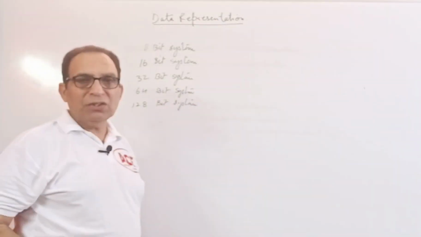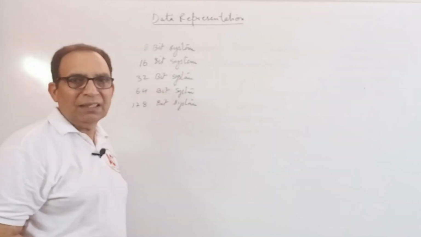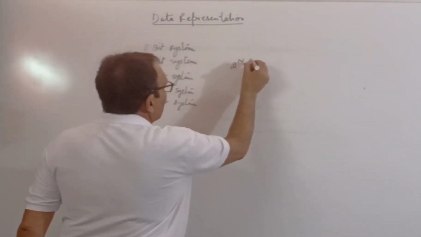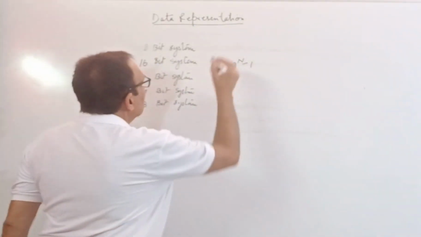Now, the number of values a system can represent is equal to 2 raised to the power n minus 1. So, I write it for you.